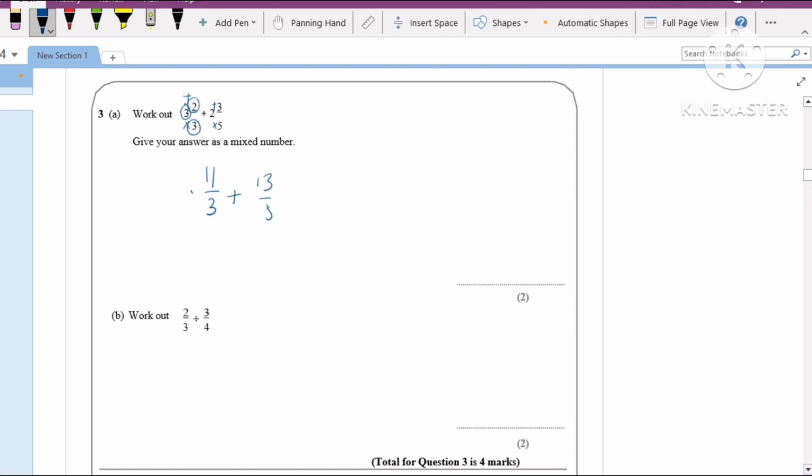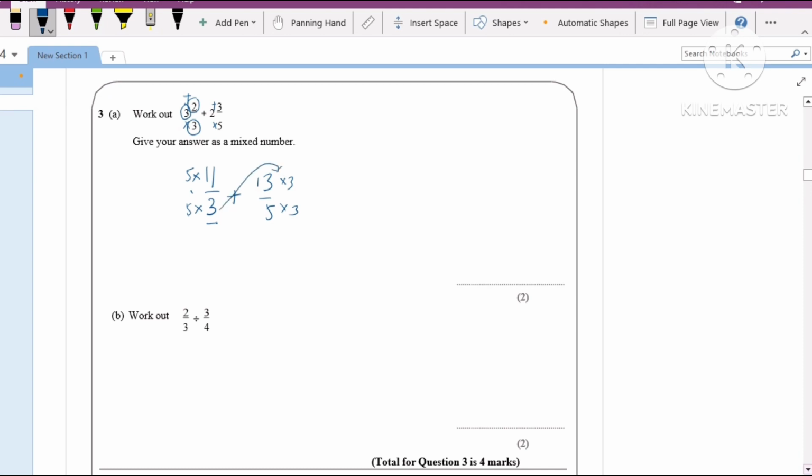Now because of the 3 and 5, we will find the LCM, least common multiple, of each number, or in simple words you will multiply these two numbers by 5 and these two numbers by 5. And this number will be 3 and 3, because here the denominator is 3, you will multiply these two numbers by 3.